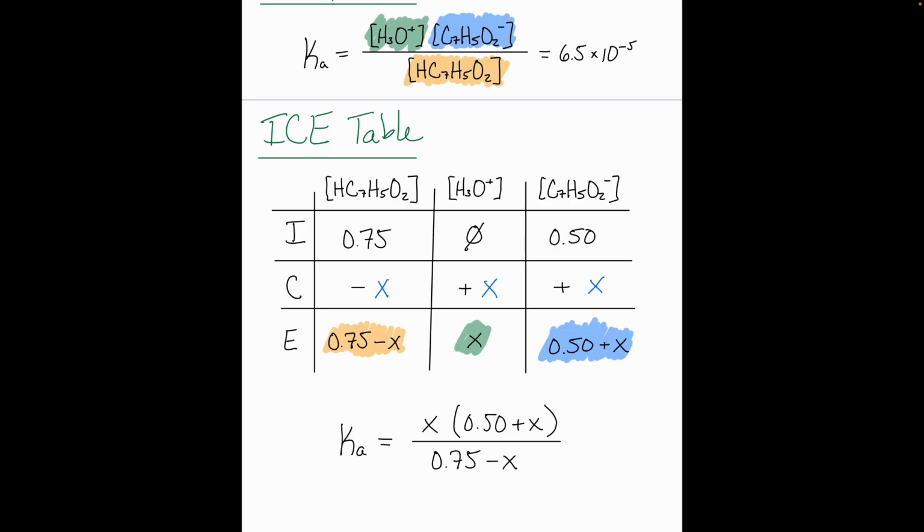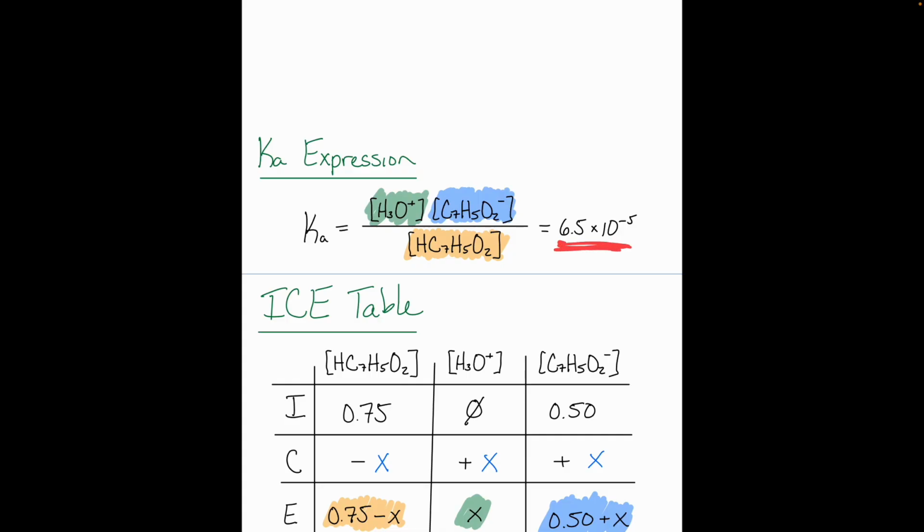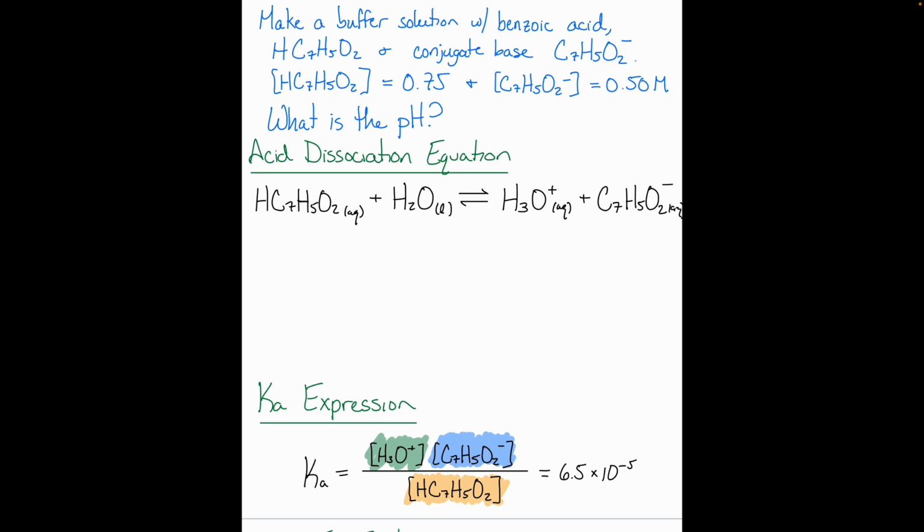All right. Now, as we said last time, we had this small x approximation that we were using. The idea that this equilibrium constant, 6.5 times 10 to the negative 5, is not very big, meaning this reaction does not favor the products very much at all. It actually favors the reactants. Not only that, but I'm starting out this reaction with some product already in this solution.